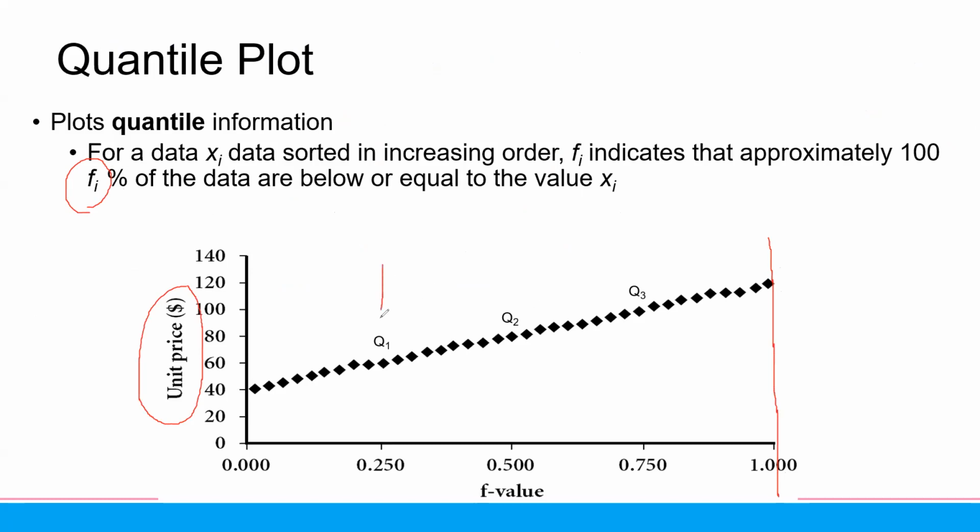And then we can have this in the Q1, and then this is the Q3. And you can see 40 is the minimum and 100 is the maximum. So this is the maximum, and this is the minimum. So this is the quantile plot.